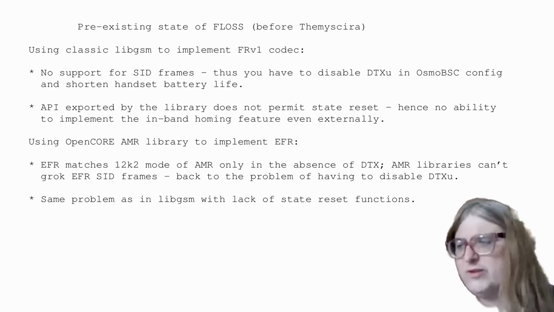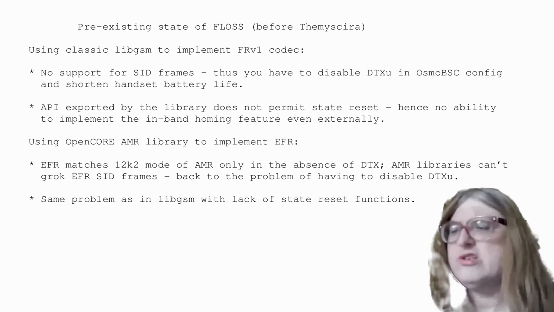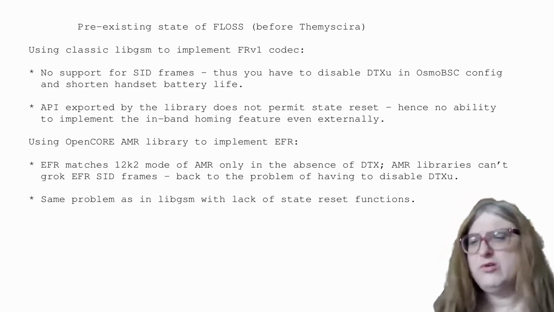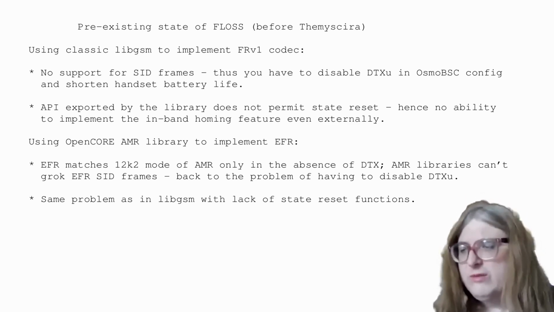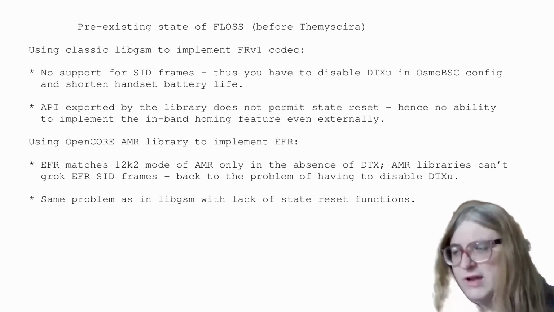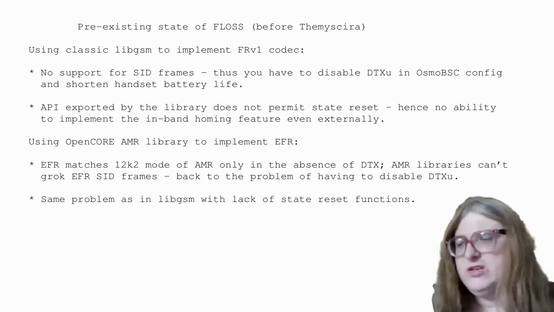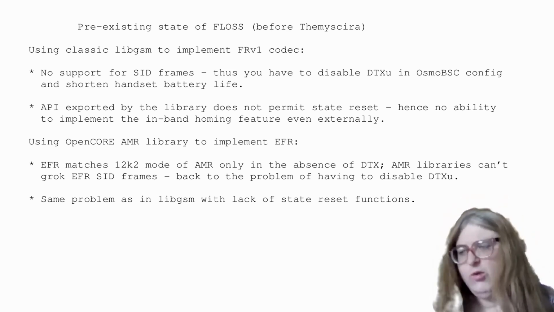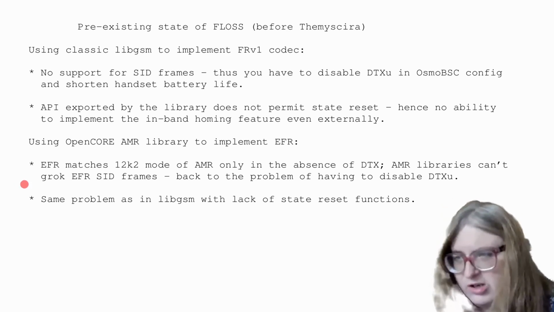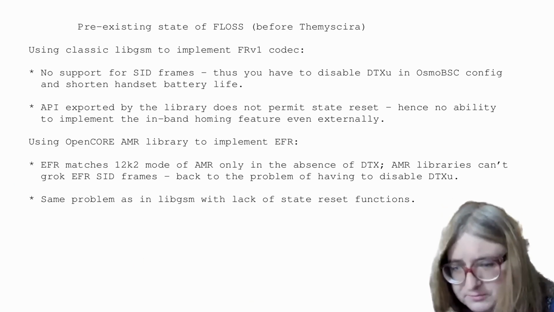Not just the frame format, but the entire paradigmatic approach is different. So it wouldn't be possible to use libopencore AMR-NB to implement EFR with DTX enabled. And again, I want to keep DTX enabled because I don't want to be worse than the commercial networks in this regard. So that was the pre-existing state.